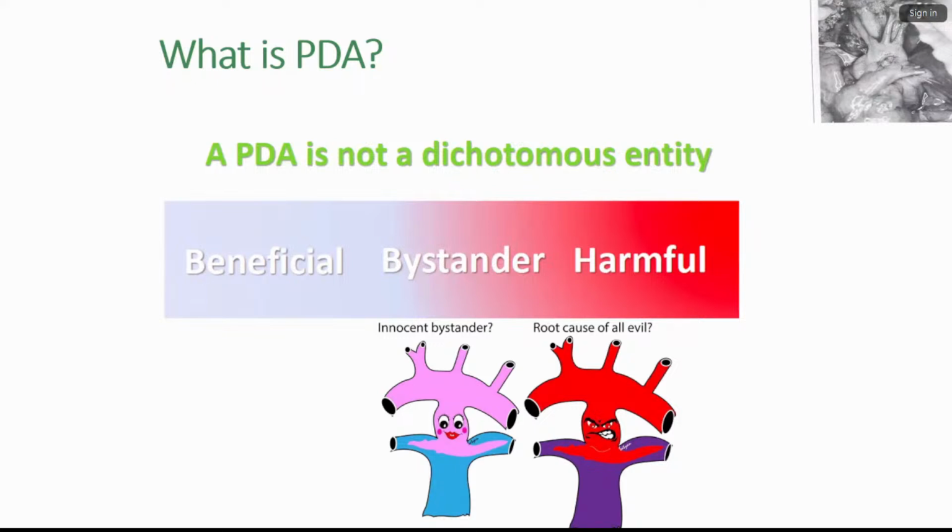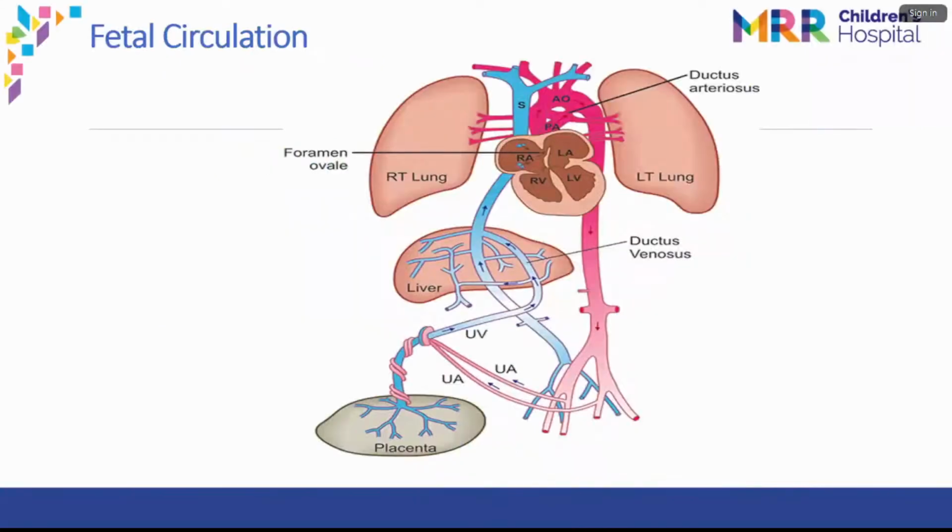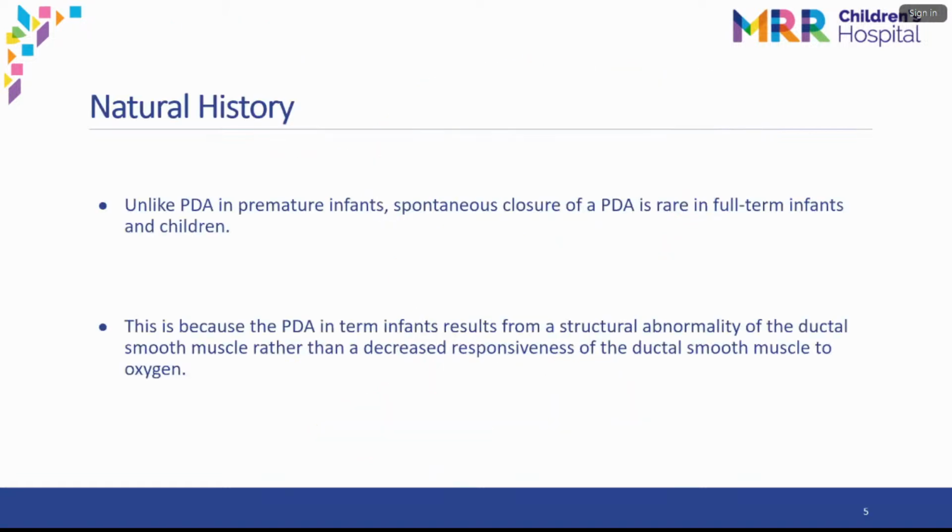So PDA, is it beneficial, a bystander, or harmful? Fetal circulation we have discussed. Unlike PDA in premature infants, spontaneous closure of a PDA is rare in full-term infants and children. This is because the PDA in term infants results from a structural abnormality of the ductal smooth muscle rather than a decreased responsiveness of the ductal smooth muscle to oxygen.